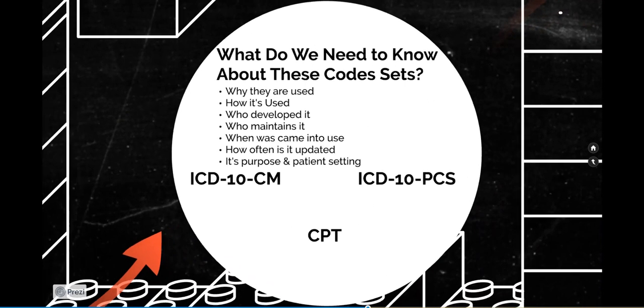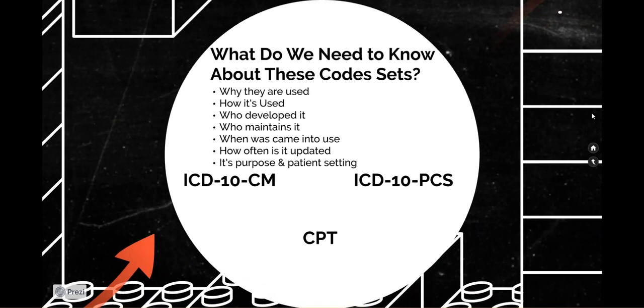Now let's go a little further. So now we're going to look at what we need to know about these code sets. So now we know some basics. We know what ICD-10-CM, ICD-10-PCS, and CPT code sets are.